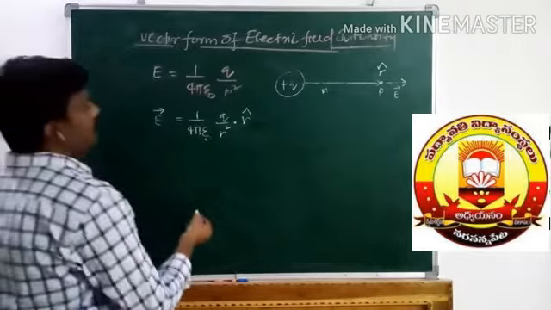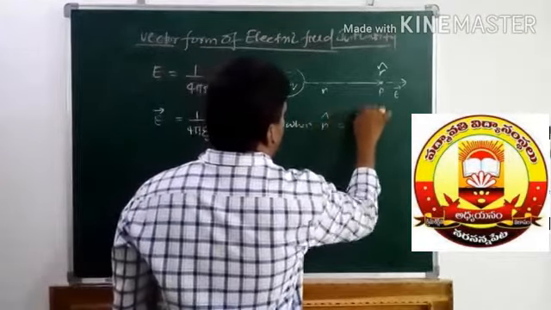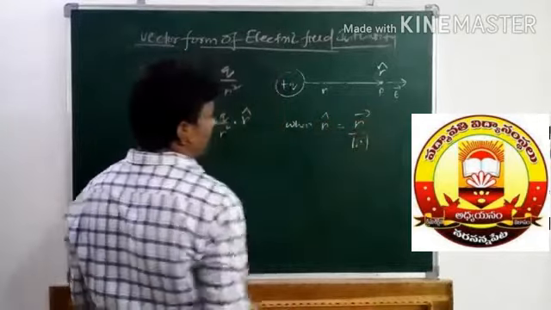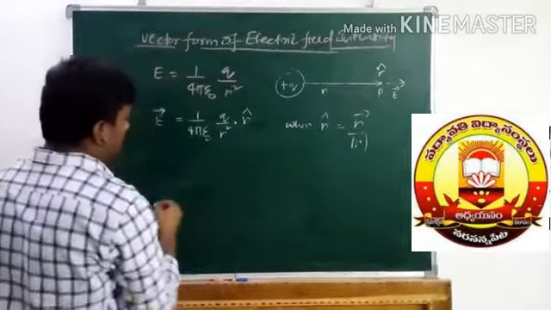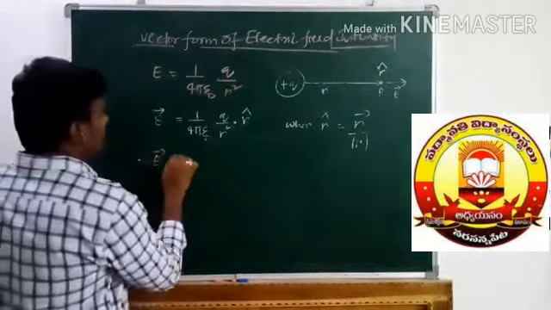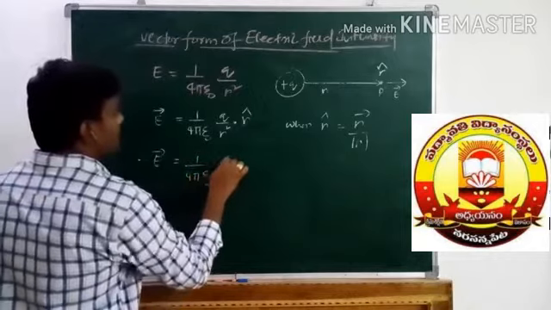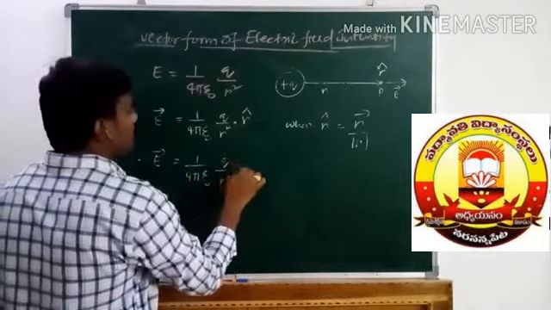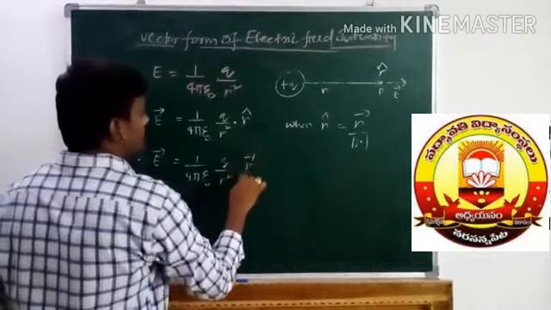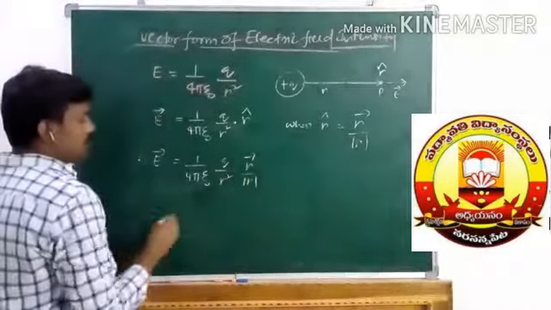And already we know that r cap equals r bar by modulus of r. So let us replace this here. So E bar equals 1 by 4 pi epsilon naught q by r square into r bar by modulus of r. So r square into r gives r cube.